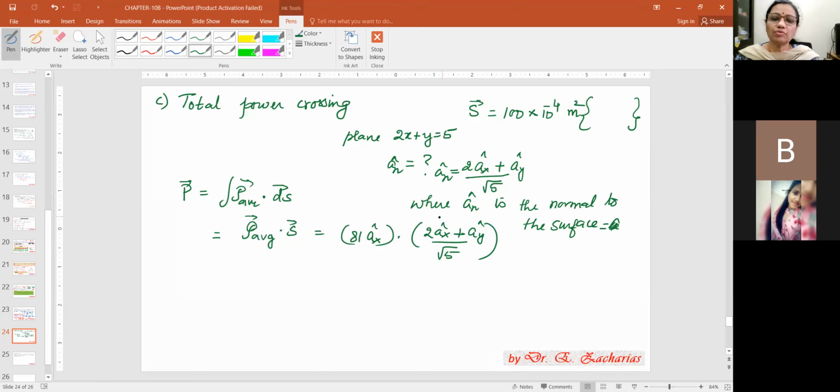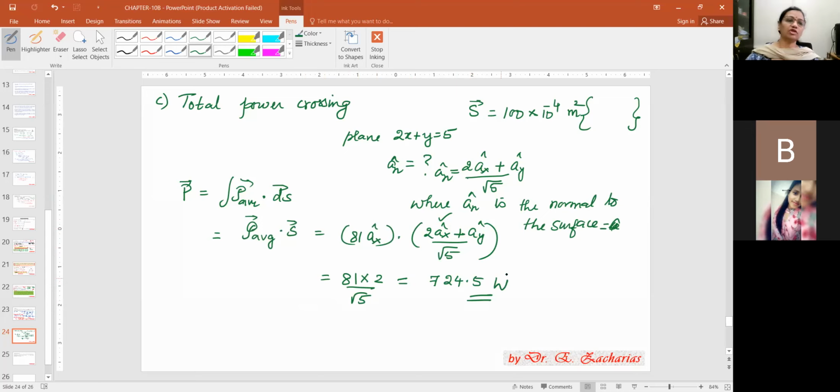So there is a contribution only from the ax component. Therefore this will be 81 into 2 by root 5, and I have done the calculation, it is going to be 724.5 watts.